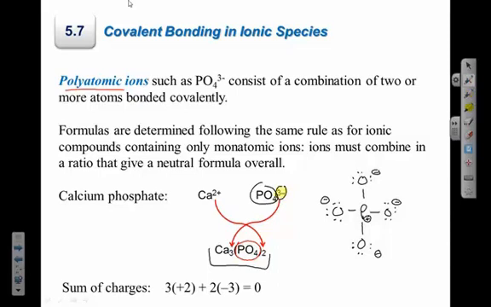So I take the charge on one compound, make it the subscript for the other substance. Take the charge here, make it the subscript for that substance. That gives me 2 of these negatively 3 charged items, because the subscript for that is a 2, so that's a total of negative 6. And I've got 3 of the Ca2 pluses, that gives me a plus 6. So now the formula gives me a balance in charge.